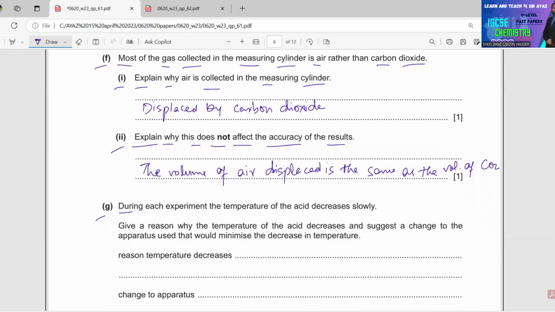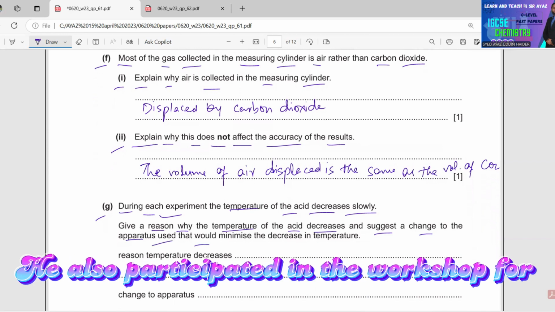So G, during each experiment, the temperature of the acid decreases slowly. Give a reason why the temperature of the acid decreases and suggest a change to the apparatus used that would minimize the decrease in temperature.